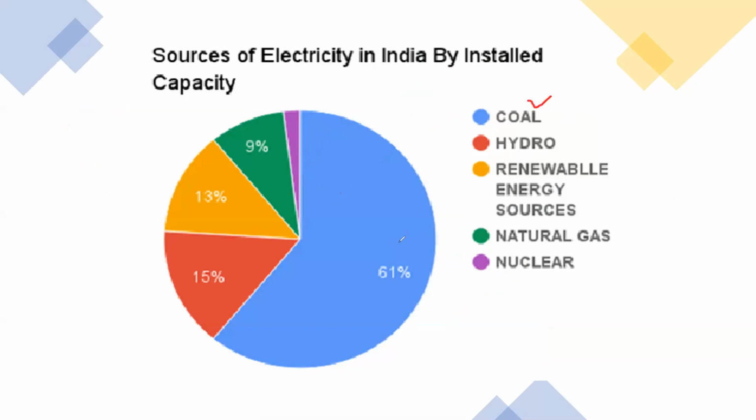As you see, 61% of electrical energy is produced by coal. It means we use thermal power plant to produce electrical energy. The biggest source of thermal power plant is coal. So near about 61% energy is produced by your thermal power plant. So this is the use of thermal power plant.